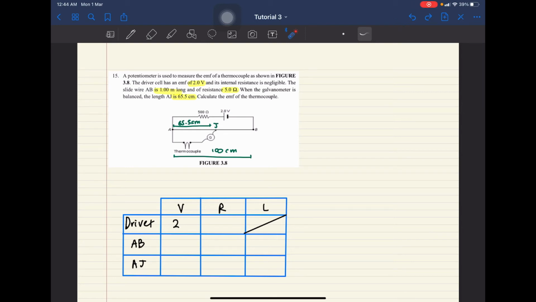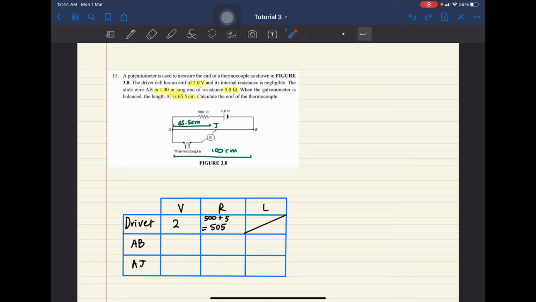Here R will be equal to this part plus this part, because we are talking about the first loop. So the first loop includes 500 ohms and whatever the resistor over here, which is 5. So 500 plus 5, you get 505.